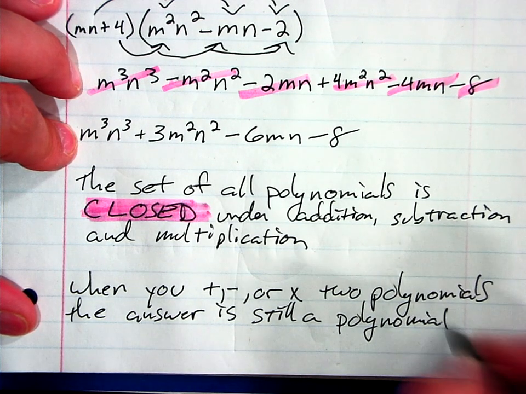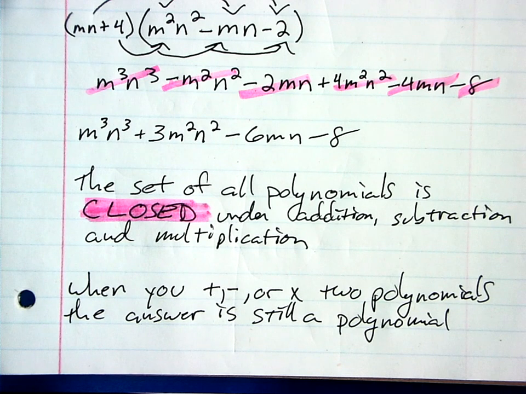For example, if I was to divide x squared by x squared, what would my answer be? X squared divided by x squared would be 1. So, I guess that's a polynomial. But we can divide and have it come out so it's not a polynomial. That's all it's saying. All right, let me stop the tape.